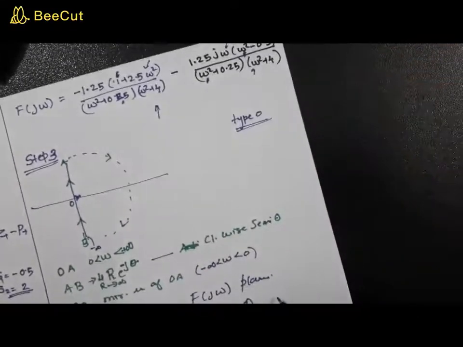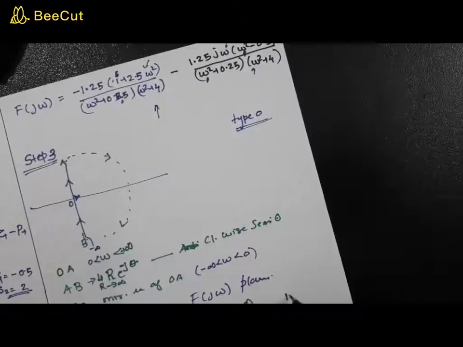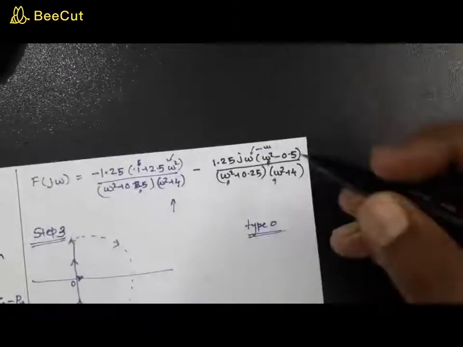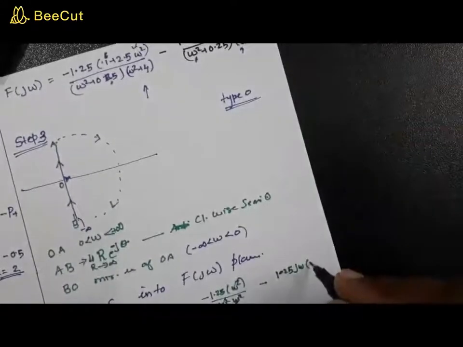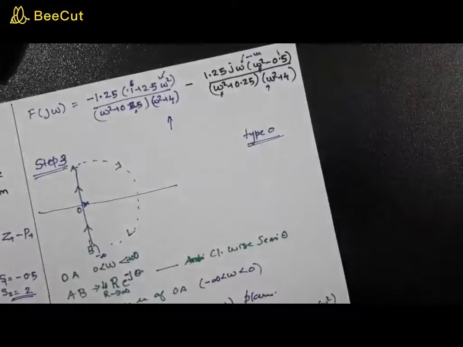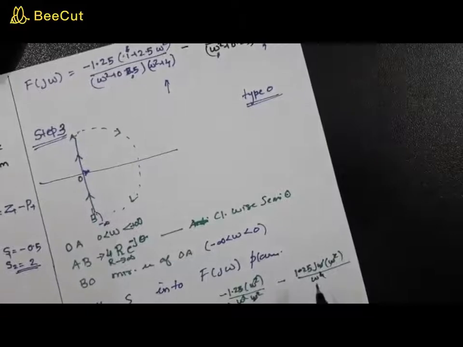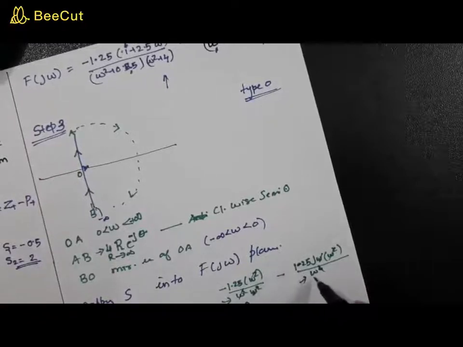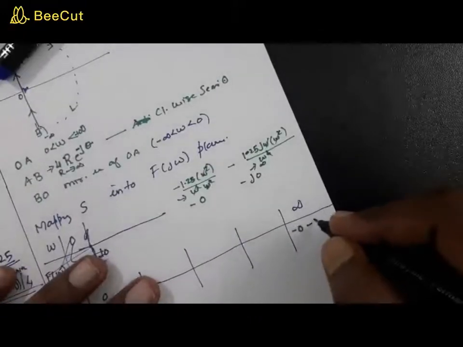The imaginary term also has a minus sign already there, 1.25 jω into ω square minus 0.5, so this can be neglected. You will get an ω square in the numerator, then these can be cancelled, so this will be ω raised to 4, and this will be minus 1.25 j by ω square. What will happen at infinity? This becomes minus j0. So the point is minus 0 minus j0.